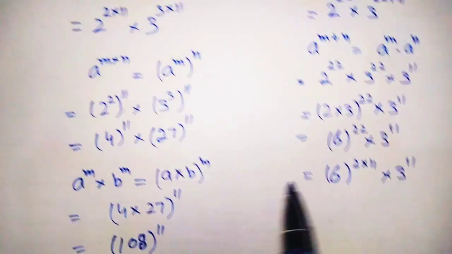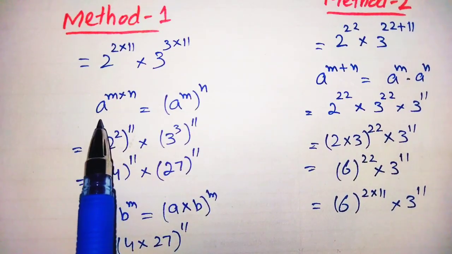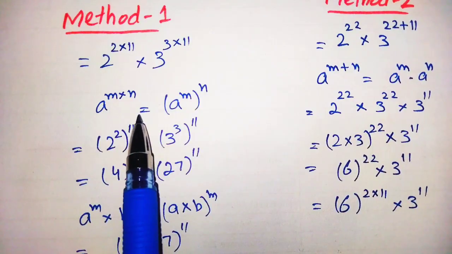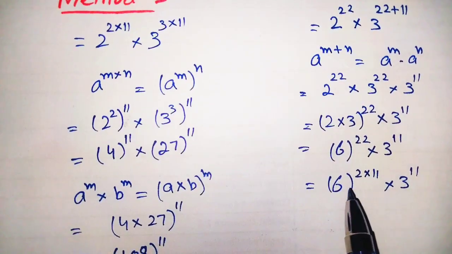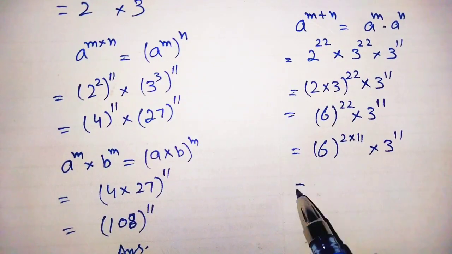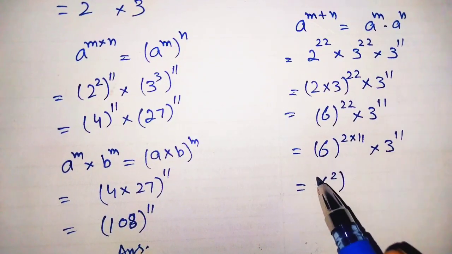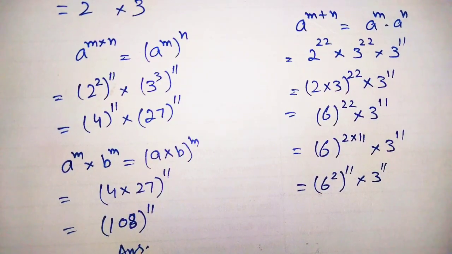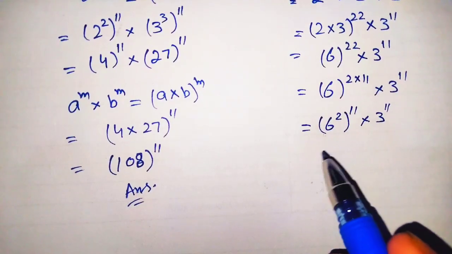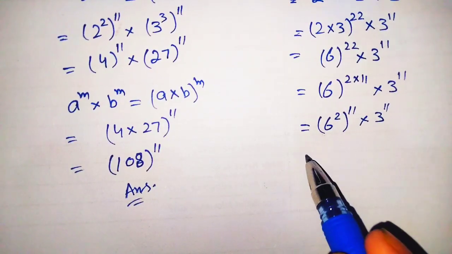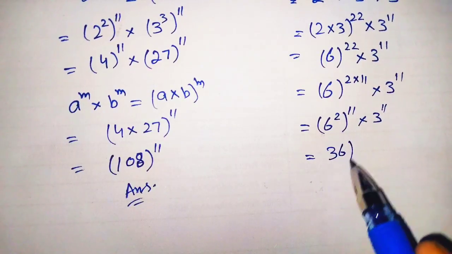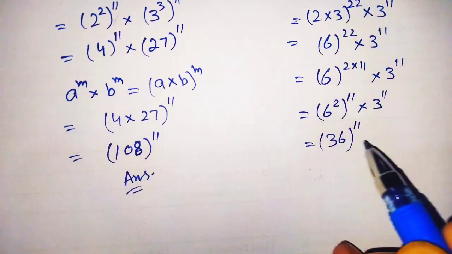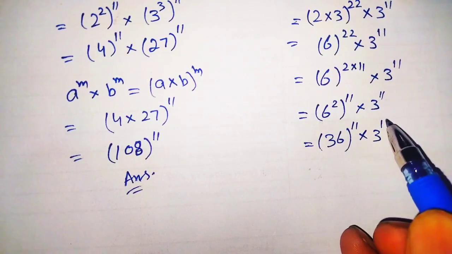Now again, according to the formula as we wrote earlier in method number 1, we can write this term as 6 square whole raised to power 11 times 3 raised to power 11. Now 6 square is equal to 36, whole raised to power 11, times 3 raised to power 11.